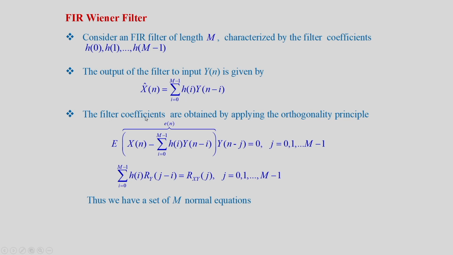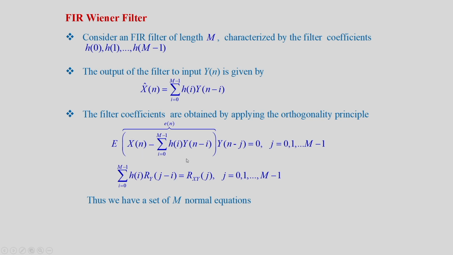The filter coefficients are obtained by applying the orthogonality principle. What is that? Error is orthogonal to data. So, E of x n minus summation h i y n minus i, i going from 0 to m minus 1, that is the error, into y of n minus j will be equal to 0 for j equal to 0, 1 up to m minus 1.